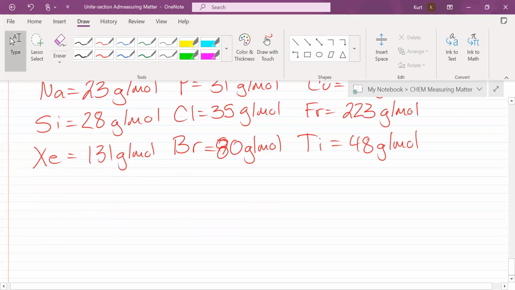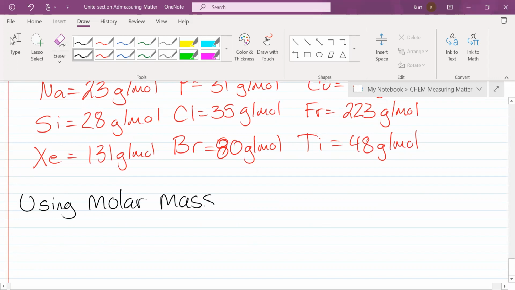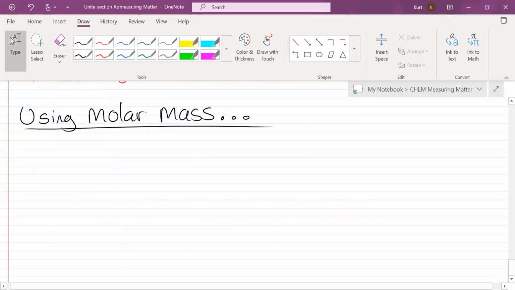All right, now, how do we actually use molar mass? Okay, I'm going to give you a word problem. You're a jelly bean dealer. You sell jelly beans by the dozen.